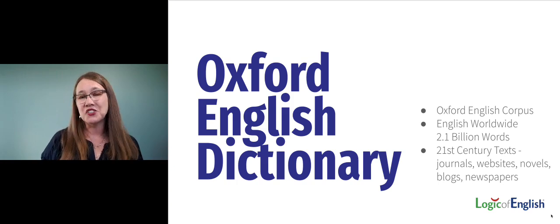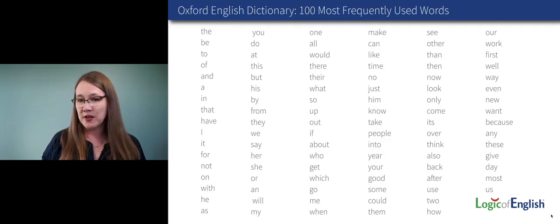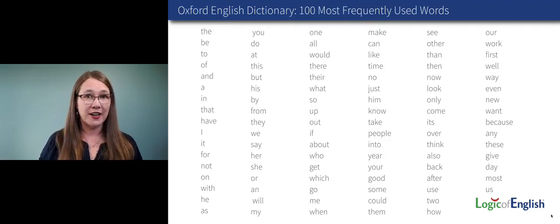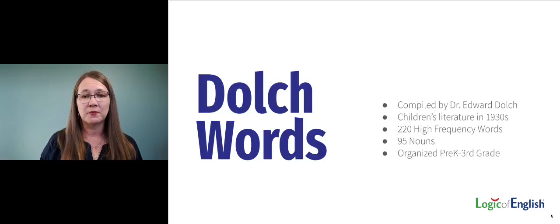And these English texts represent English spoken worldwide, so not just in the United States. So these are the texts that we want our students to be able to read as well as to create. So this is a great word list for tracking our progress through this material.